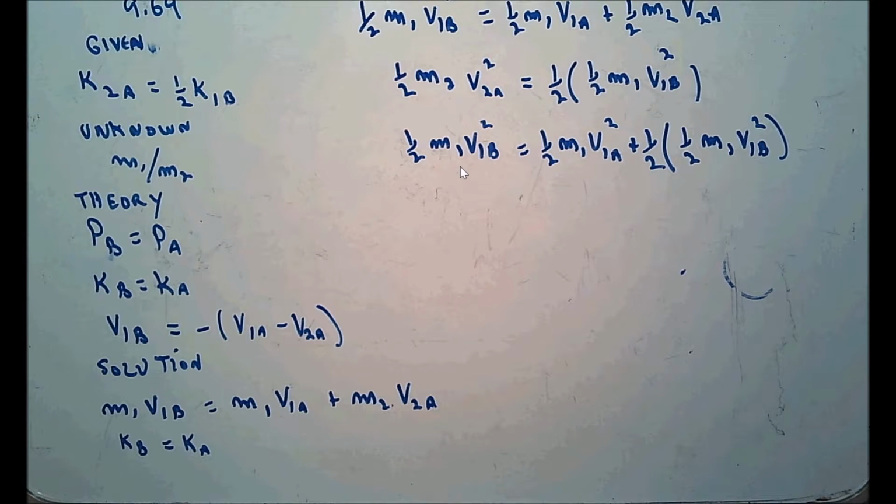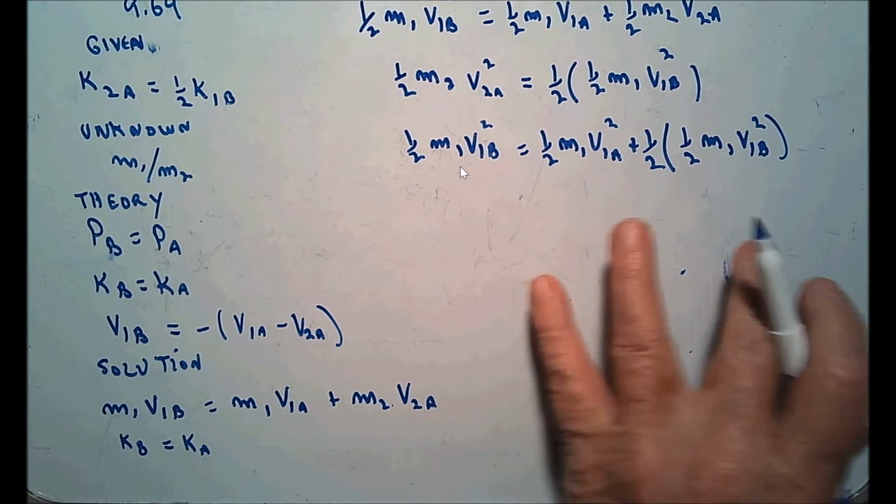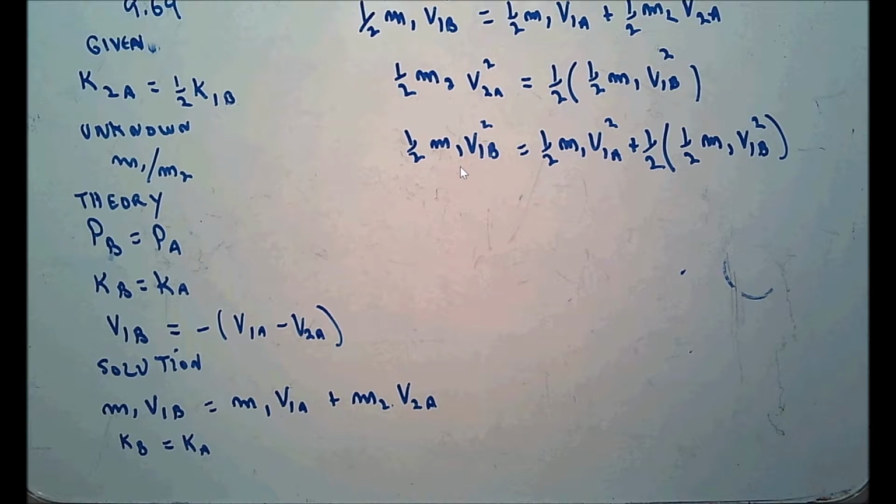Now what I can do is combine terms here for the velocity of 1 before.